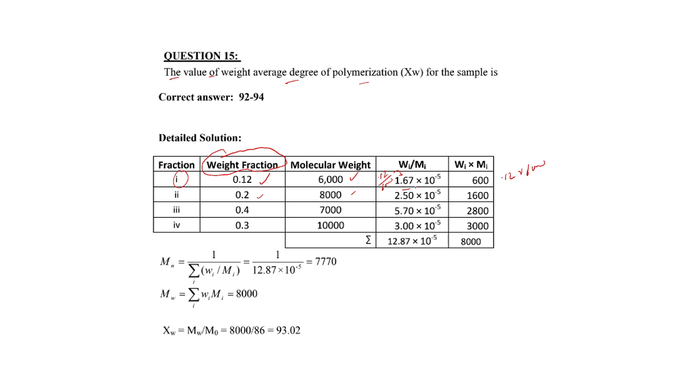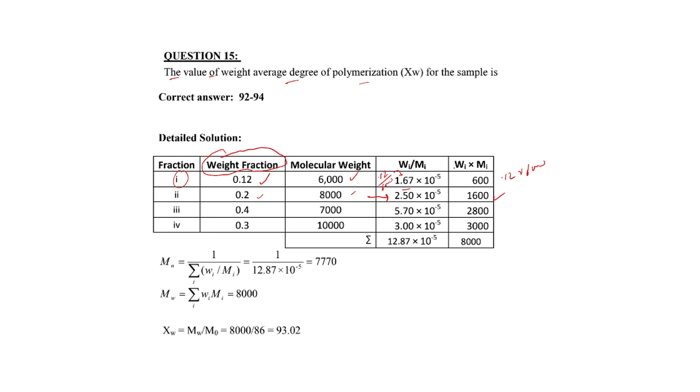Some values are different, so we need to confirm it first. 0.12 divided by 6000, no, we are not getting this value. Similarly, 0.2 divided by 8000, yes, we are getting this value. When we multiply 0.2 into 8000, we get this value also.